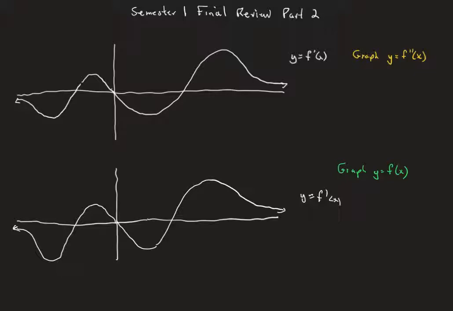So we can see where there's a horizontal tangent in the f prime function, our f double prime is going to have an x-intercept. We can also see where the f prime function has an inflection point.